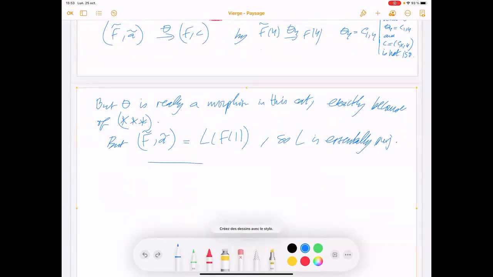Now it remains to prove that L is full and faithful.